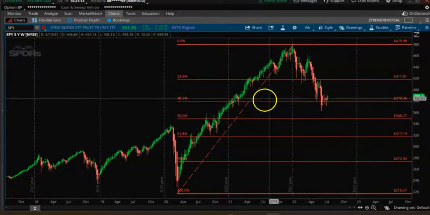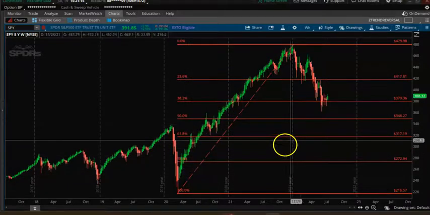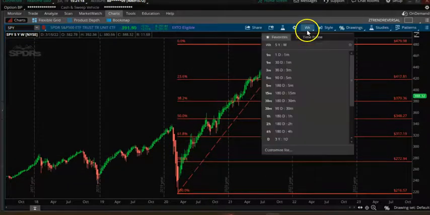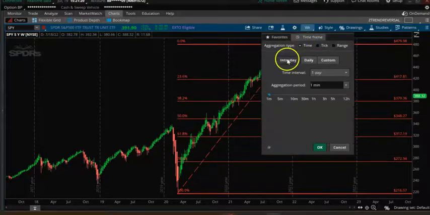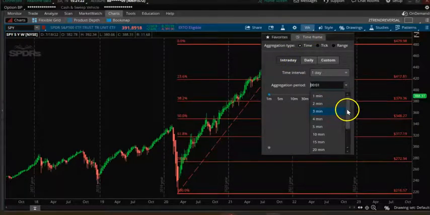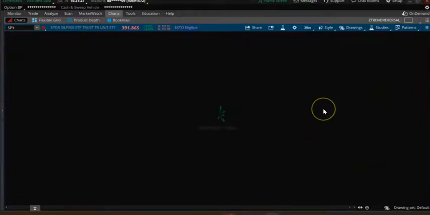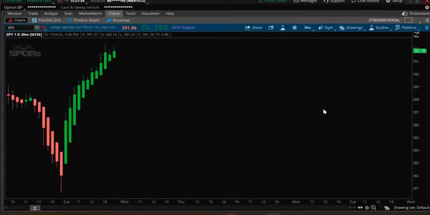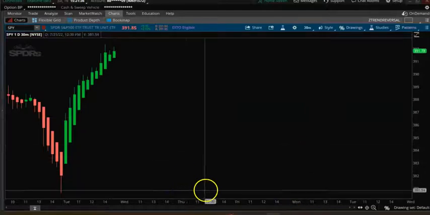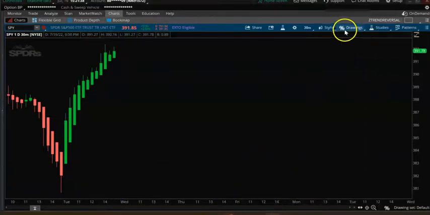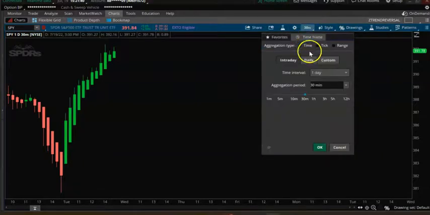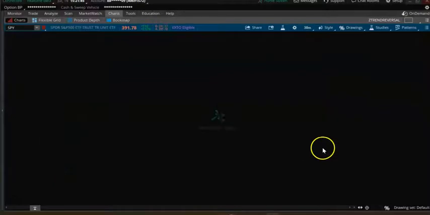Now, how do we use this for a shorter time frame? So now flip it to intraday, 30-minute. Now we are on 30 minutes, so we can just bring the same lines from the higher time frame to the 30-minute, 90 day.